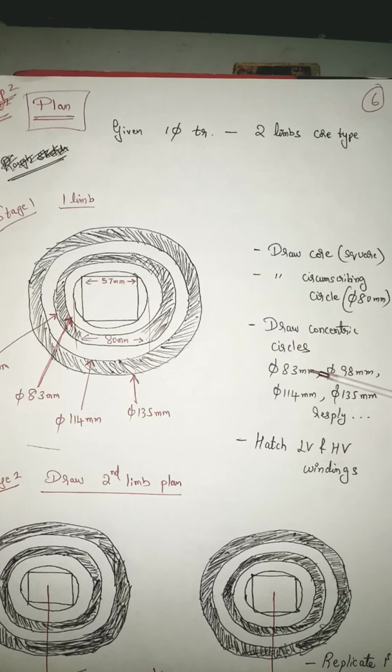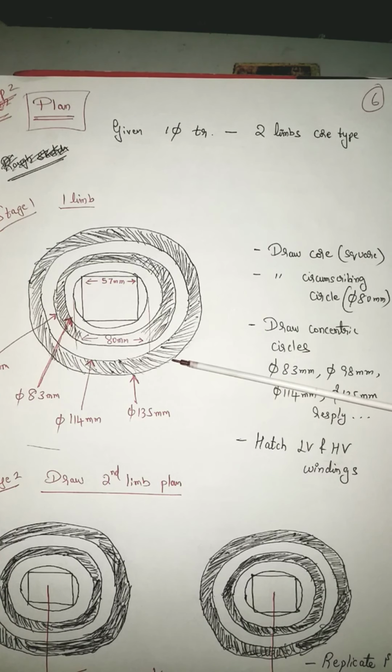So you'll be drawing four circles to represent inner dia and outer dia of LV, and then inner dia and outer dia of HV. So after that, this portion, that is LV winding and HV winding, will be shaded for indication purpose, for representation of LV and HV, it will be hatched. And followed by this, we'll be doing the dimensions.